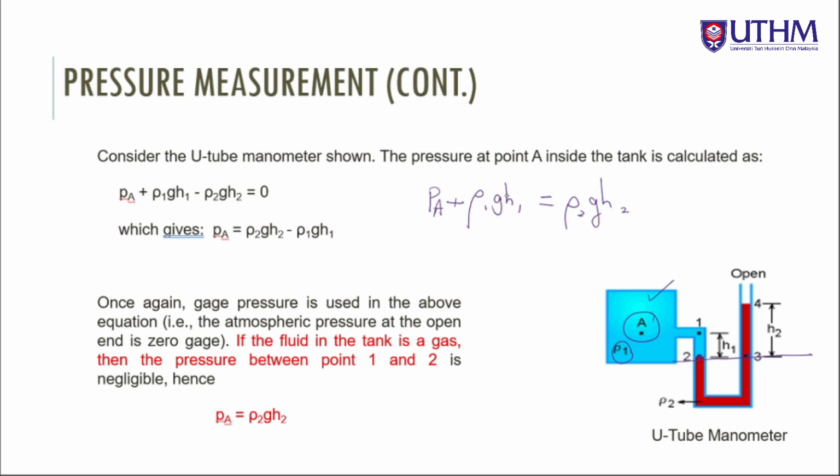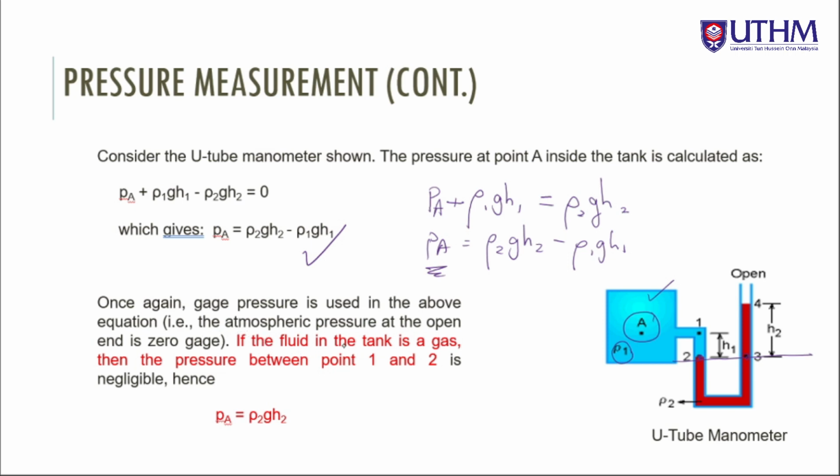Okay, so the left hand side is balanced by the right hand side. So in which give that PA equals to rho 2 GH2 minus rho 1 GH1. Sama je dengan ini. Okay. Once again, gauge pressure is used in the above equation sebab yang ni adalah gauge pressure.